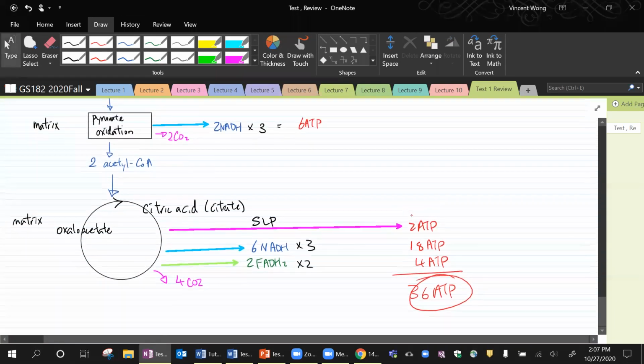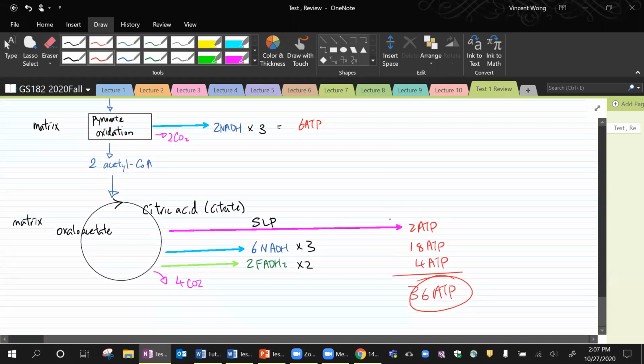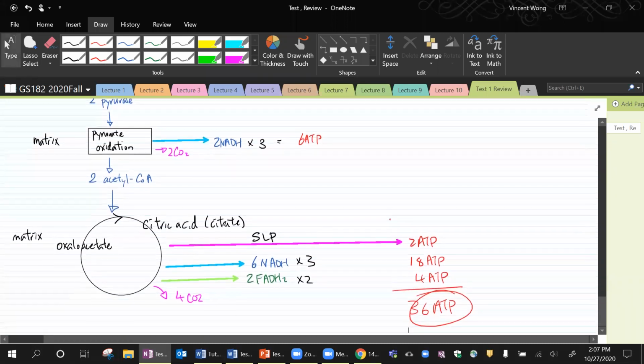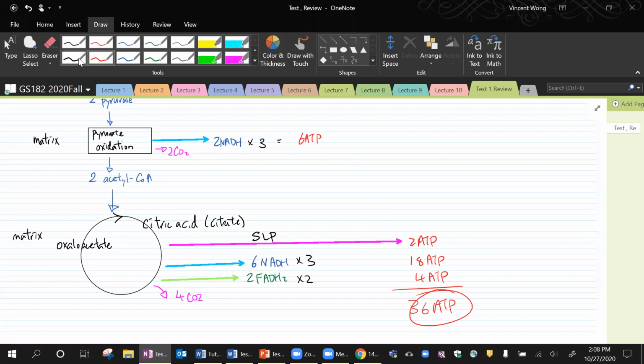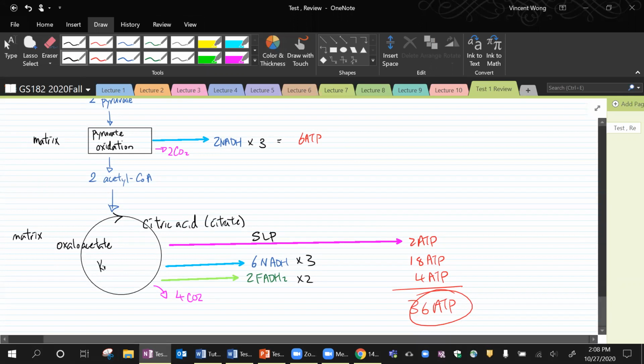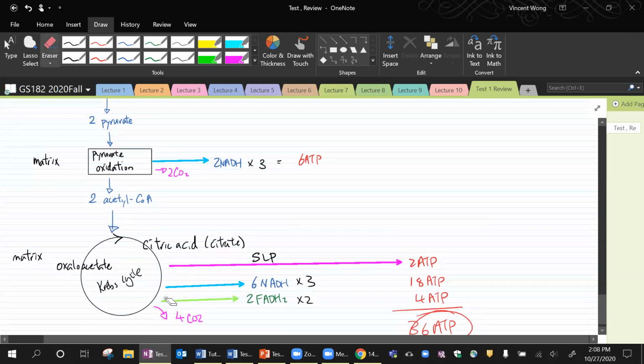Okay. So I have a question. Yeah, sure. So for the Krebs cycle, not like the glycolysis, if you say what's the total amount of ATP at the end of Krebs cycle, we could say 4, right? Yeah, only 4, because at the end of Krebs cycle, you haven't made any of the ETC stuff yet, right?